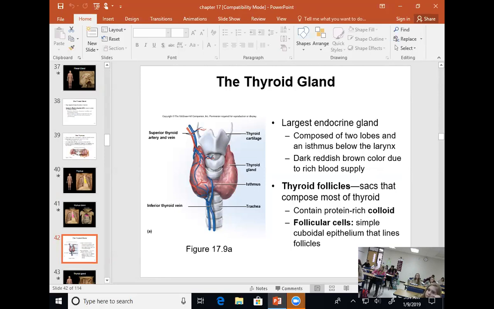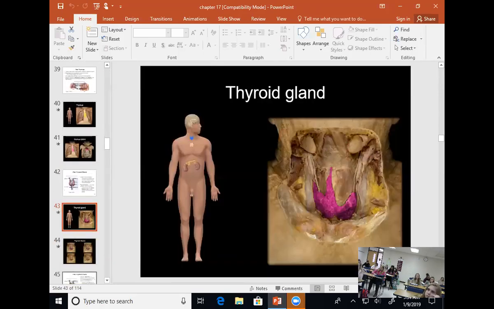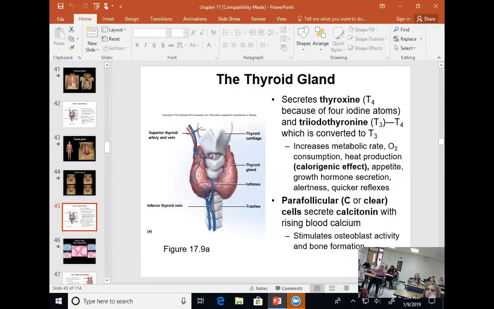We already know something about the thyroid gland. We know it's targeted by which hormone from the pituitary? The thyroid stimulating hormone, TSH. The thyroid is targeted to release something, and because of TSH, those somethings are T3 and T4, they're called.